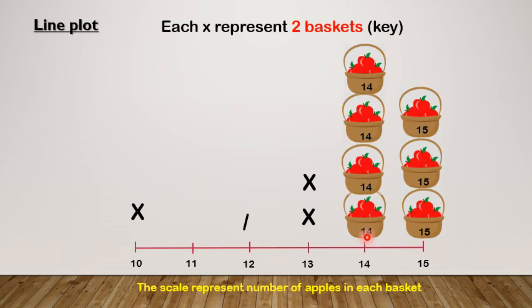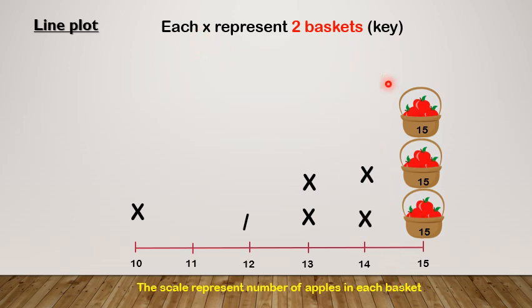Here, how many baskets have 14 apples? 1, 2, 3, 4. 4 baskets. Each 2 baskets mean 1 X. So I will remove these 4 baskets and I will put 2 X's instead.